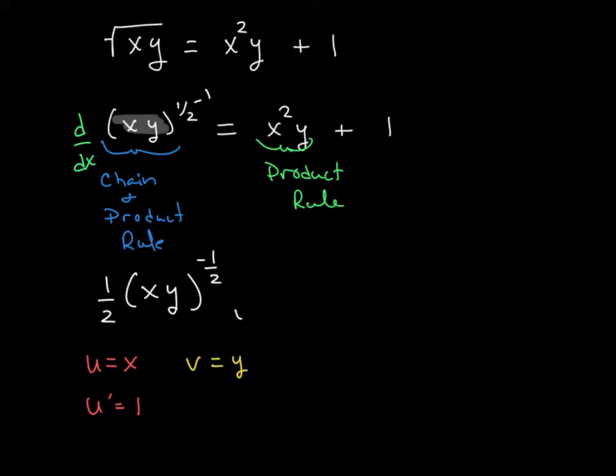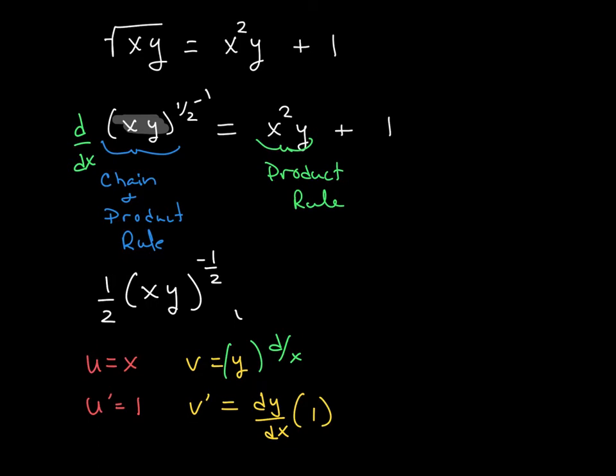But again, remember what we're doing, when we find the first derivative, you're taking the derivative of y with respect to x. So what you get is dy dx. Now the derivative of y itself is just 1.